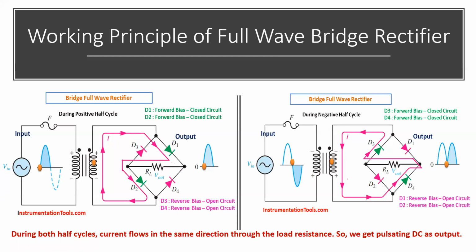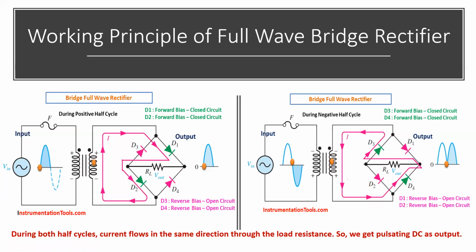The load resistance, because it cannot go through D1. D1 is reverse bias. So it will go through the load resistance RL.